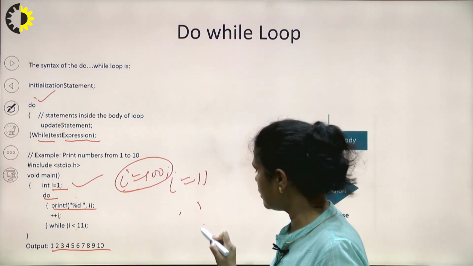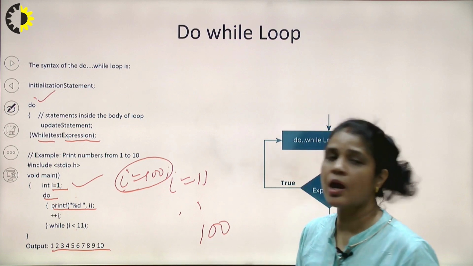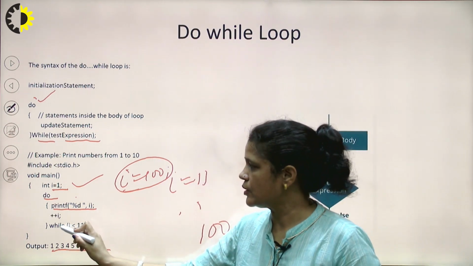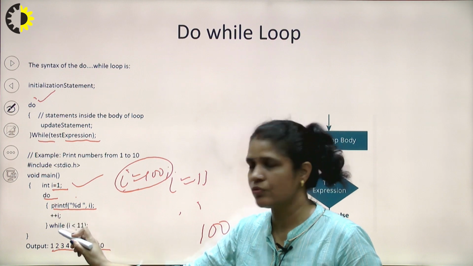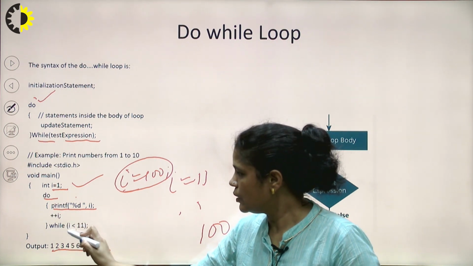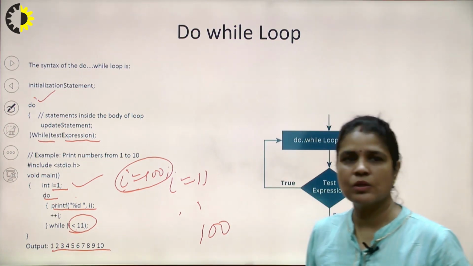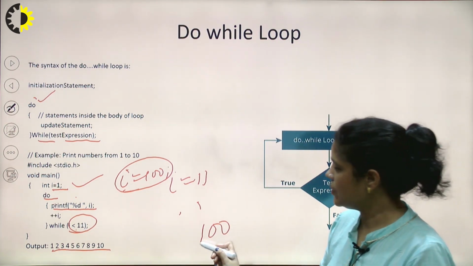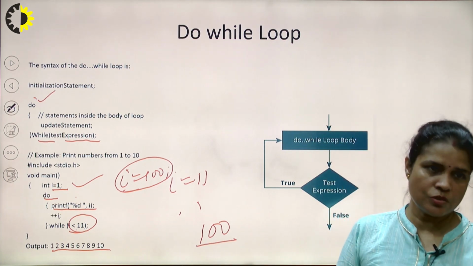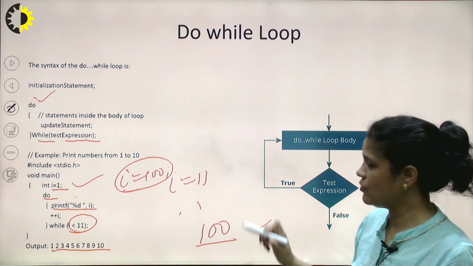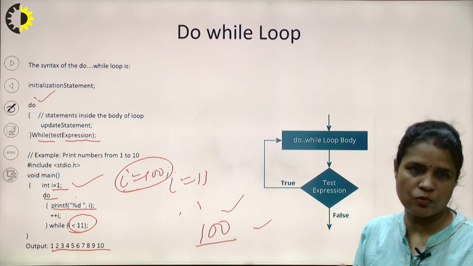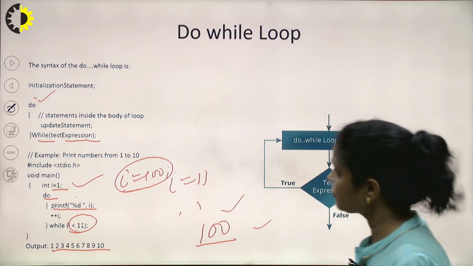So what we get on the screen is 100, right? And then the condition will be checked after the update of the counter, and the condition will become false. So next time the loop will not be executed. Here we can see that though the condition is false, the first value of i will still be printed. So this is the difference between the while and do while loop, right?